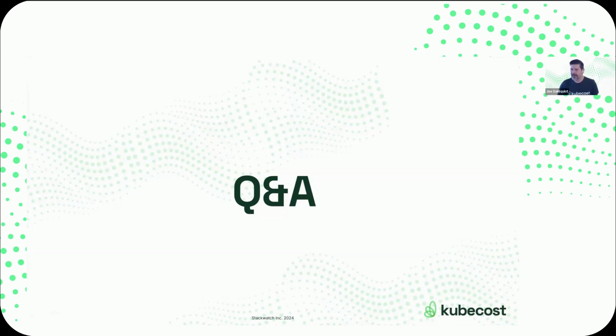Excellent. Let's see, I think we've got another one here from an anonymous attendee. Is there an ability to flag a Kubecost recommendation or insight as a false positive and persist it, or implement rules to hide things that only save, for example, less than half of a cent, which isn't worth the time necessarily?